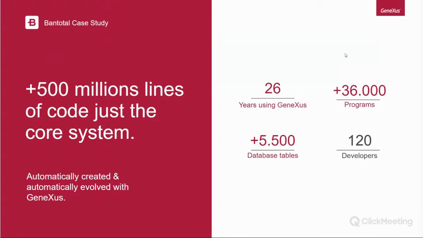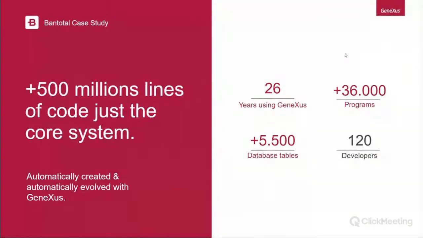Here we can see an example of a product that has scaled enormously. Okay, here we have 120 developers working that created a product that grew over time. And their customers as well grew over time.